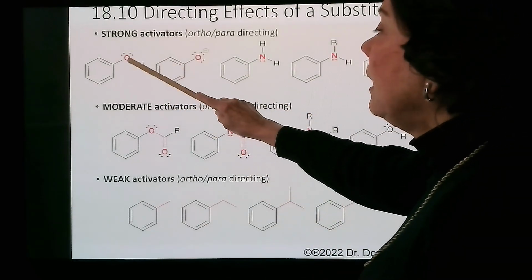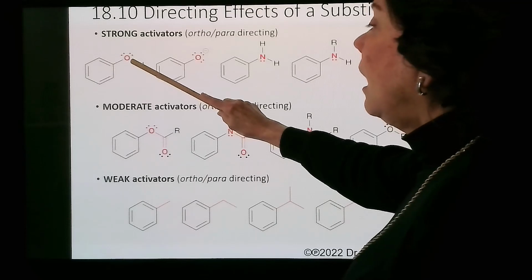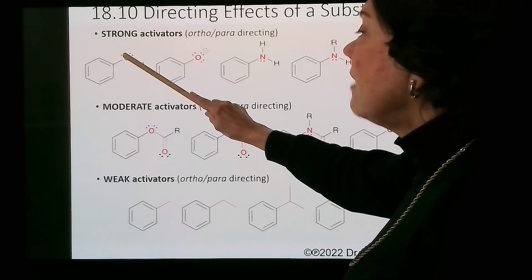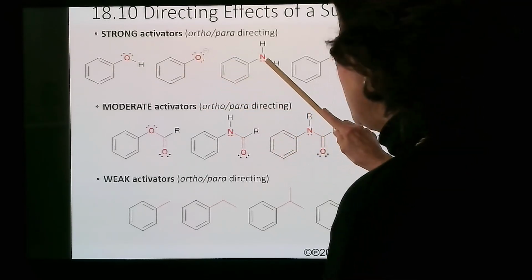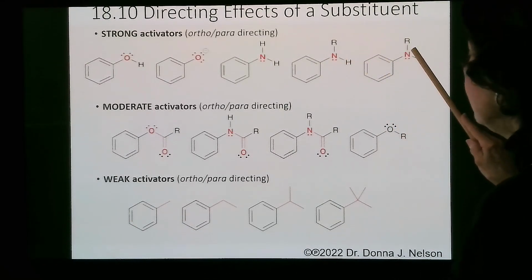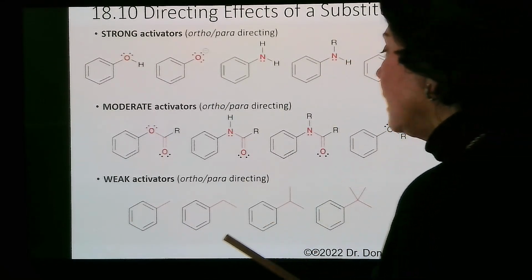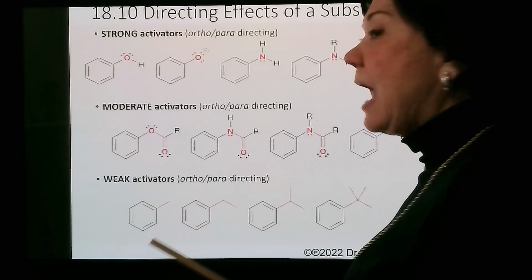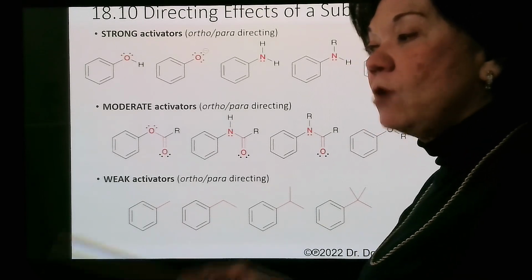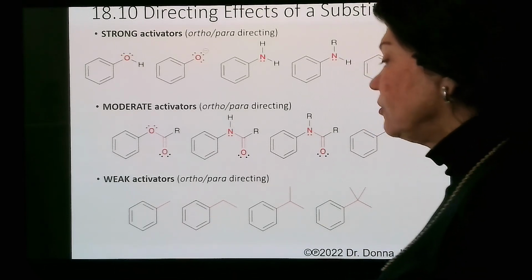This group is always going to have a non-bonding pair, such that it can activate that ring by donating electron density into the pi system.